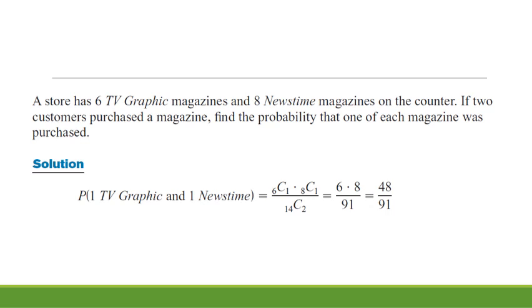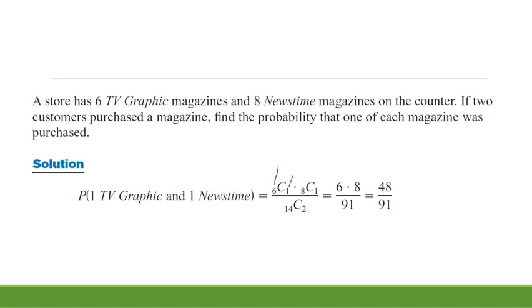Also, another example: a store has 6 TV Graphic magazines and 8 Newstime magazines on the counter. If two customers purchase a magazine, find the probability that one of each magazine was purchased. Probability of getting one TV Graphic and one Newstime. How many TV Graphic magazines do we have? 6. So the combination of that taken 1 at a time, because only one is needed.